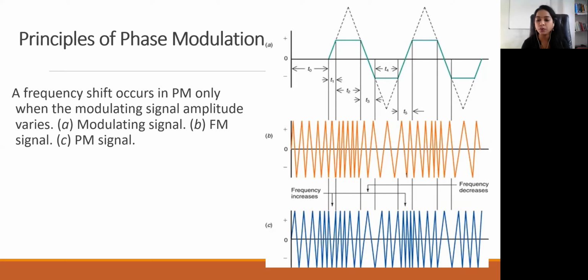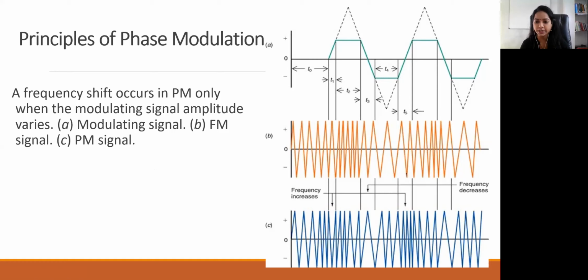As the amplitude of the modulating signal varies, this signal A is the modulating signal, signal B is the frequency modulated signal, and signal C is the phase modulated signal. So here you can see the difference between the two, that is a frequency modulated signal and a phase modulated signal. So what happens in frequency modulation?